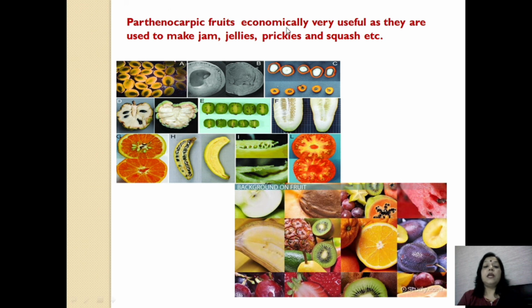Parthenocarpic fruits are economically very useful as they are used to make jam, jellies, pickles and squash, etc.